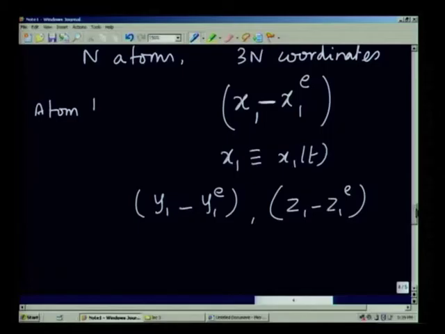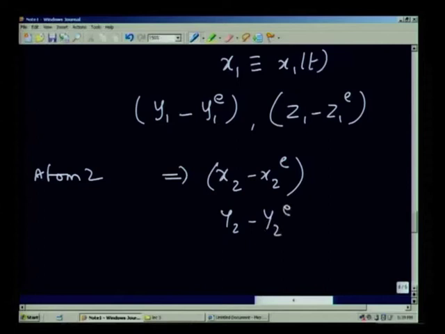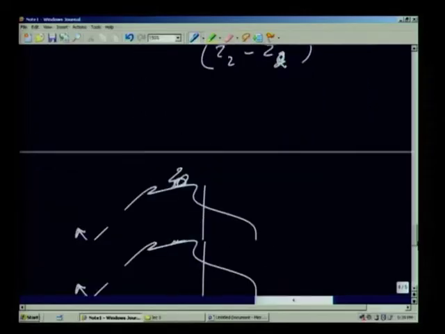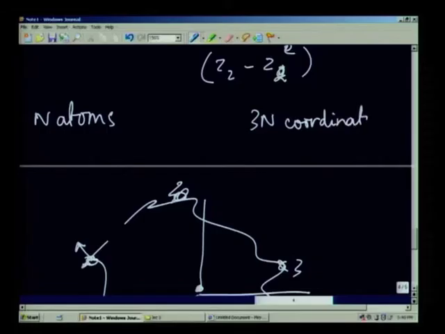And likewise for atom 2, similarly x2 minus x2e as the x coordinate, y2 minus y2e, z2 minus z2e, and likewise we can do this for all the n atoms. So we have 3n coordinates which are likely to change during the vibrational motion of these molecules, 3n coordinates.